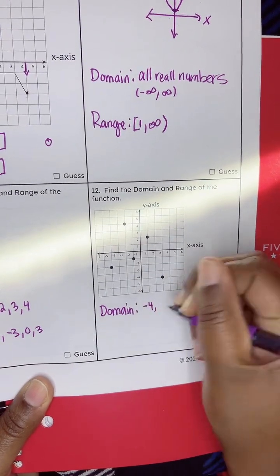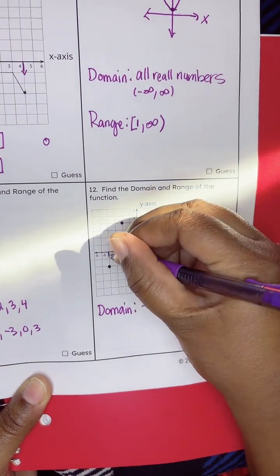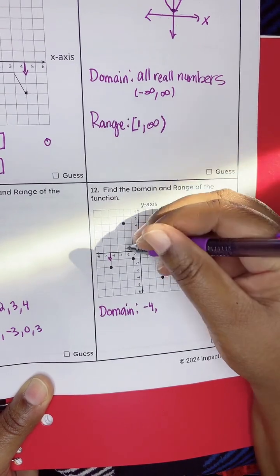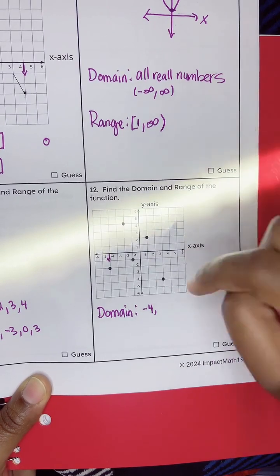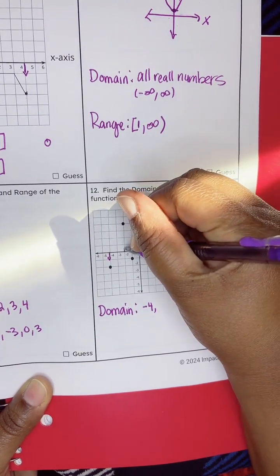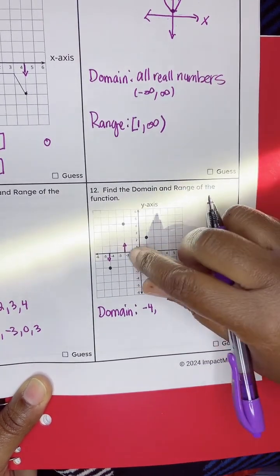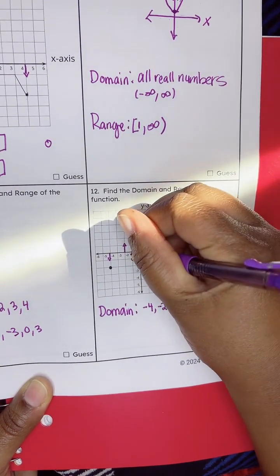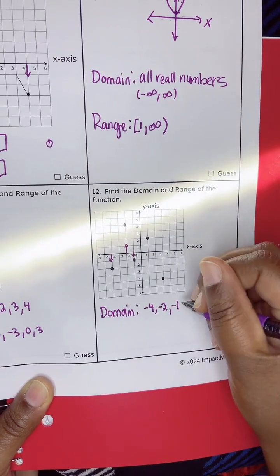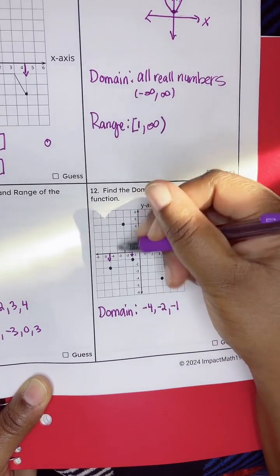So -4, you guys are correct. Here is -4, but you can't say -4 to 3 because they're not all connected. So you actually have to list them off. Here we would have a -2. Here we have a -1. Because -3 is no point.